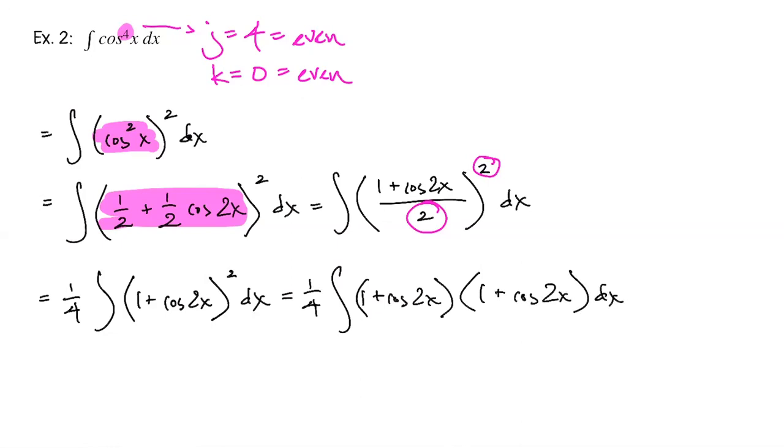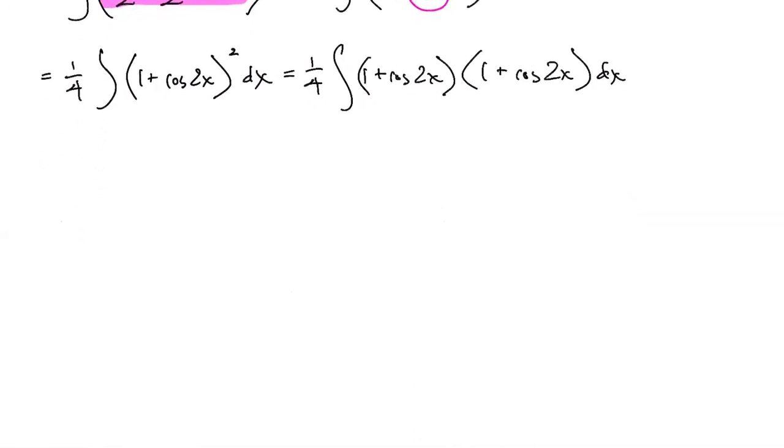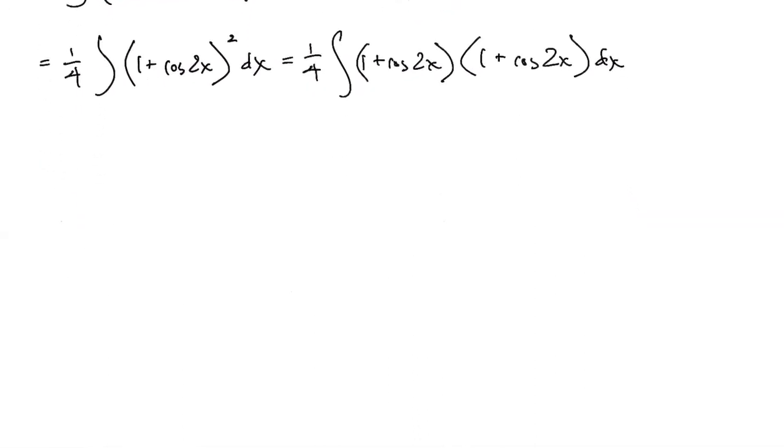If you're not a person who struggles with that, then you don't need to worry about it. But either way, we'll end up with 1/4 the integral of 1 plus 2 cosine 2x plus cosine squared 2x dx.